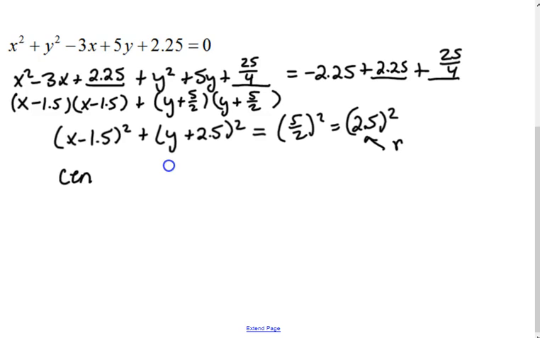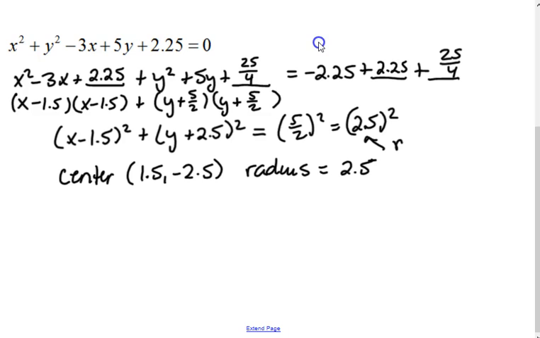So my center is going to be 1.5, negative 2.5, and the radius is 2.5. So you can use fractions or decimals, whichever works better. Doing it in my head, I actually prefer fractions, but you will have a calculator available on these kinds of problems. Okay, so that's completing the square for circles.